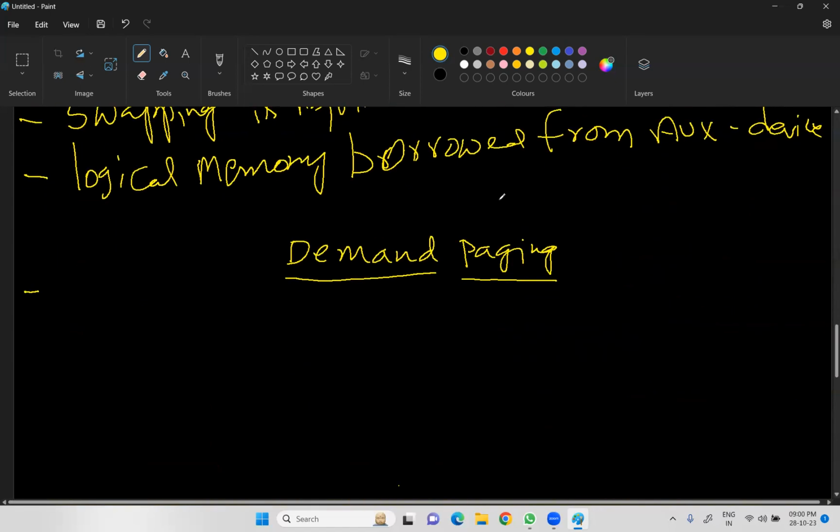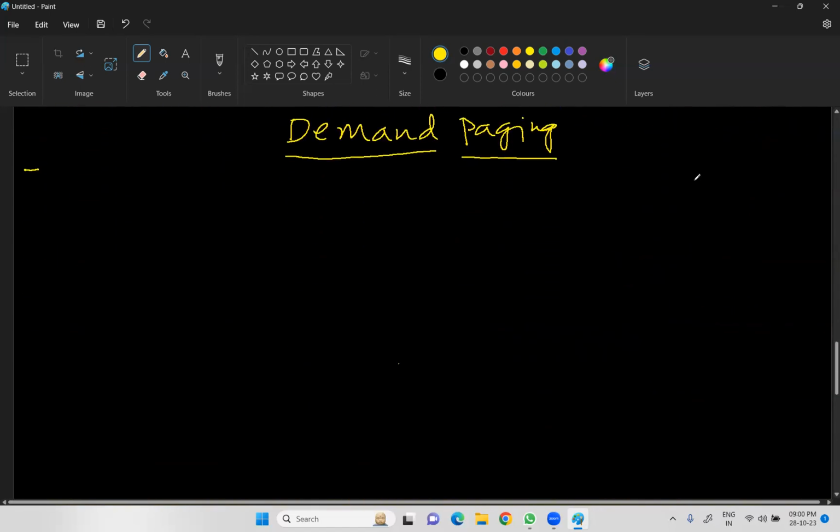But in demand paging, when a page is required, then only that particular page will be loaded into the memory. That is the particular point we need to understand. When a particular page or frame is required, then only that page is going to be loaded into the memory.